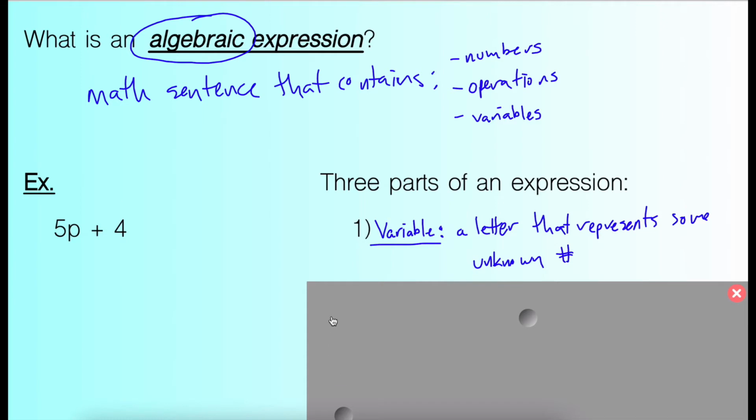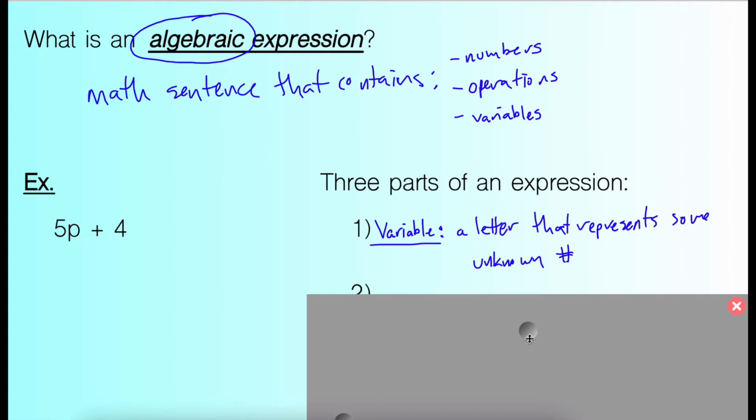Later in the year, we'll be learning how to solve and figure out what that variable actually represents. In this chapter, I'm going to be giving you the value of p. I'll tell you what that thing is equal to and how to use it. But for now, just focusing on the vocab, what is a variable? A variable is a letter that represents some unknown number in an algebraic expression.